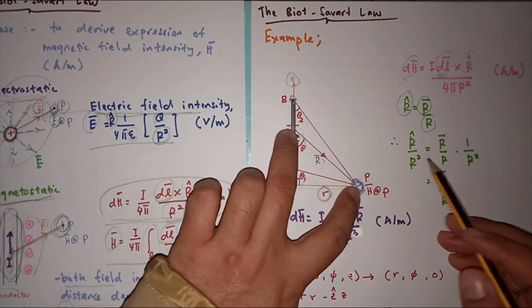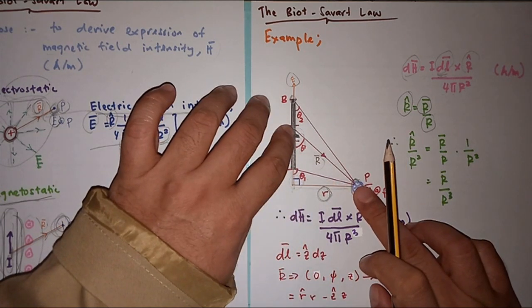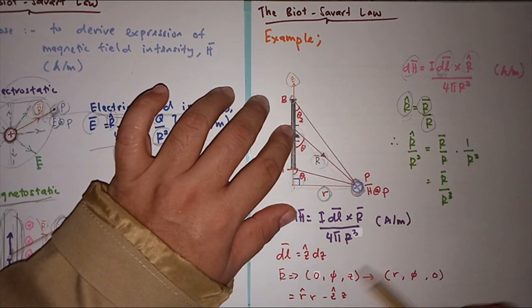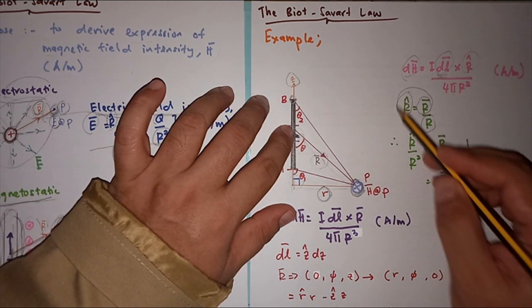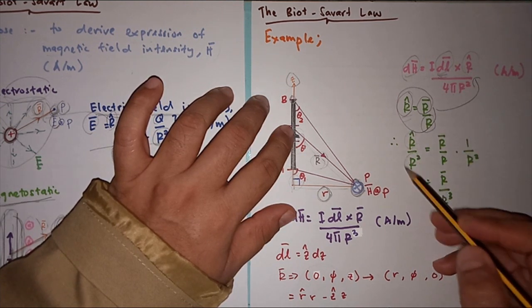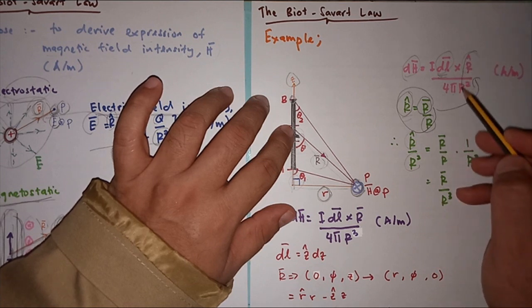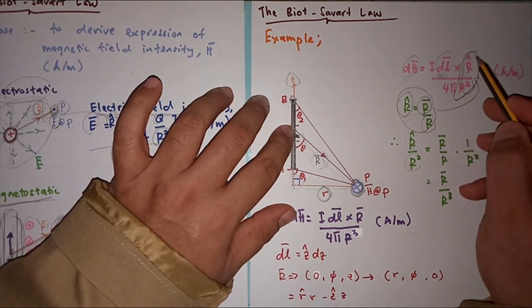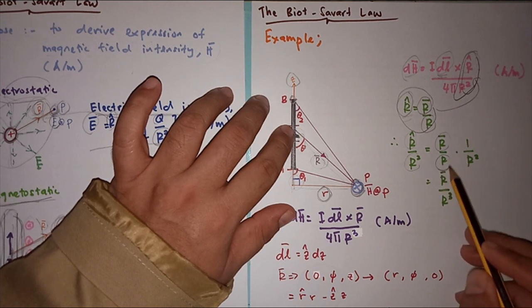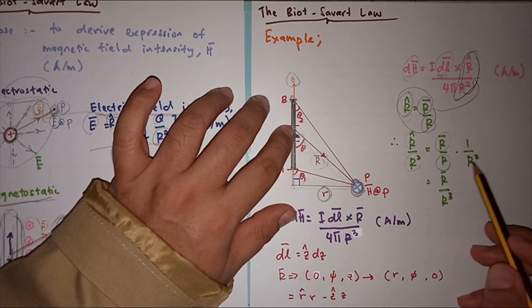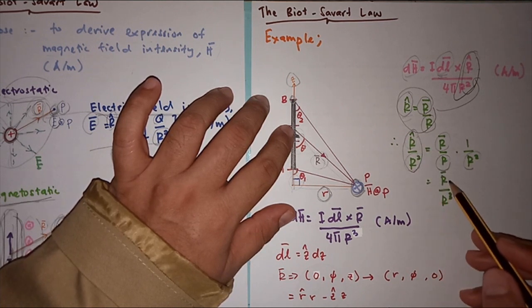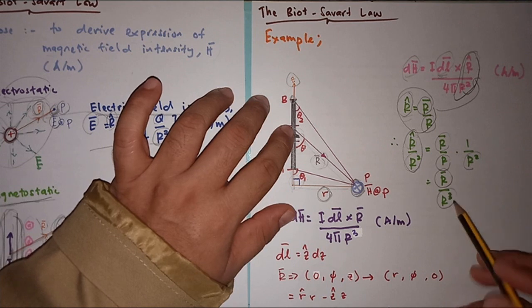So the r cap is equal to this vector r divided by its amplitude, and if we put this into the expression, we have r cap divided by r squared, which is equal to the vector r divided by r, times 1 over r squared.